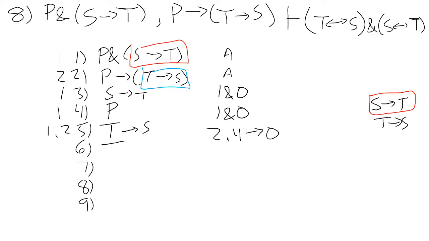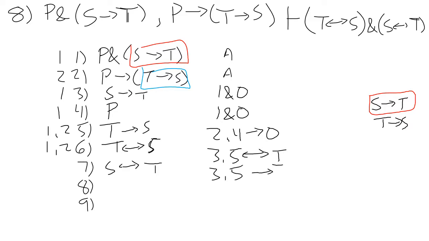So we'll make T double arrow S from 3 and 5, double arrow in. And then we will make S double arrow T from 3 and 5, double arrow in, because you can make either one from our two conditional statements.